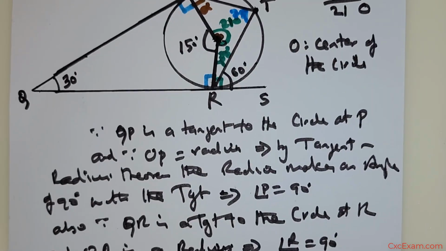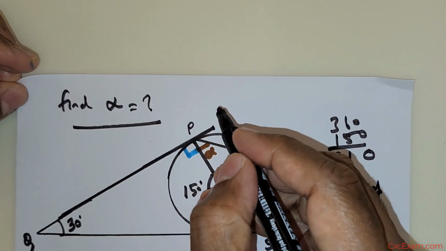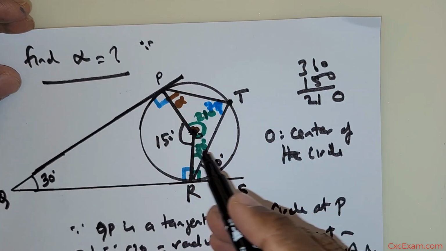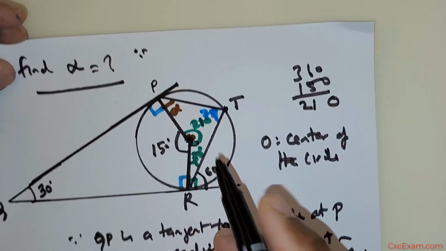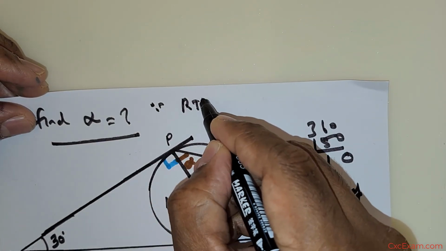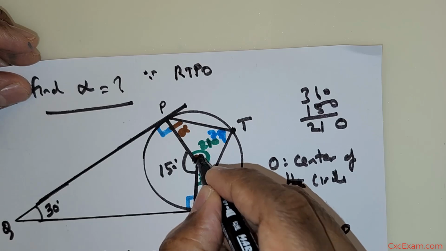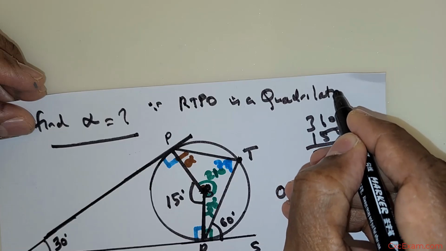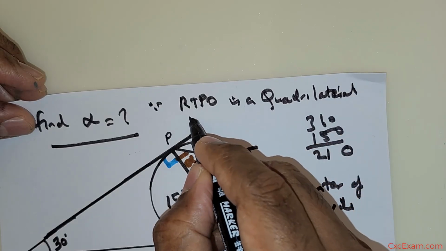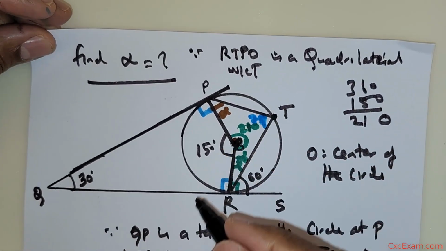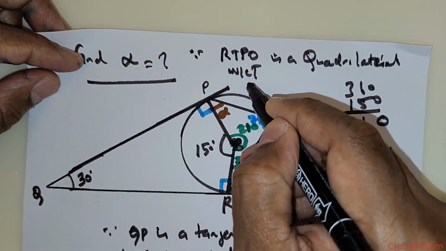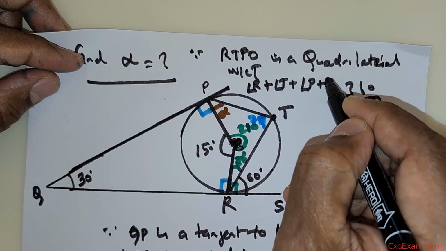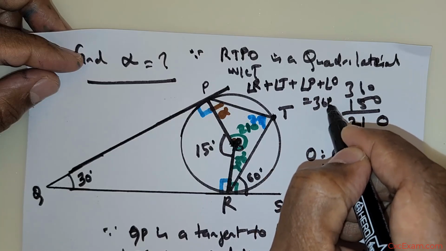So I have got this angle, which is 75, and I need to get angle alpha. So I'm going to use this concept. Since RTPO is a quadrilateral, we know that angle at R plus angle at T plus angle at P plus angle at O is equal to 360 degrees.